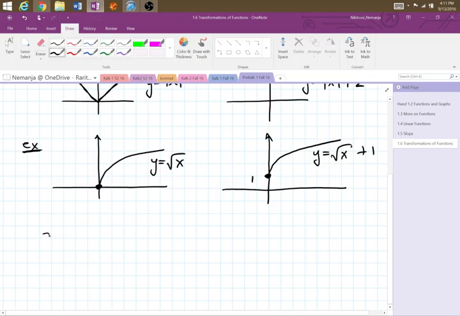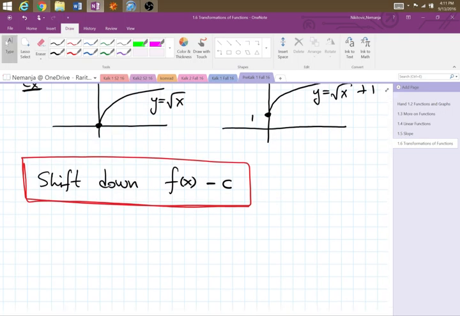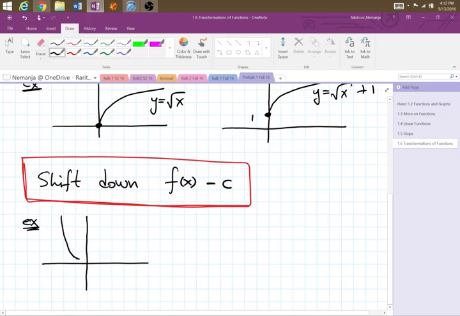Let's shift down. What do you think? How do we shift down? Yes. So to shift down, we're going to have the entire function, and then we're going to subtract a value from it. So, as an example, let's take a parabola this time.